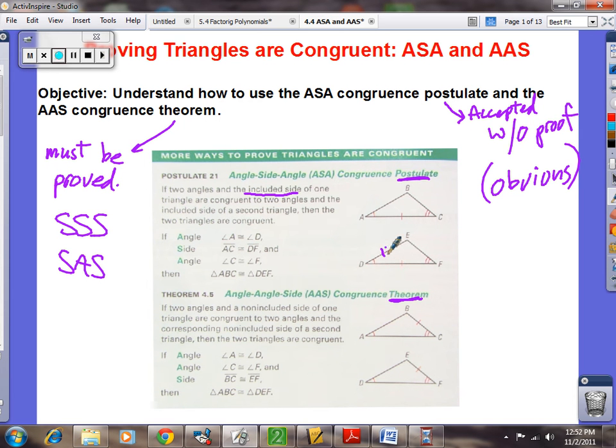You know that DE matches up with AB, BC matches up with, and what else do you know? That's given. But you know this angle. So they are only giving you minimal parts. They're going to give you three things, but you know the rest of them must match up.